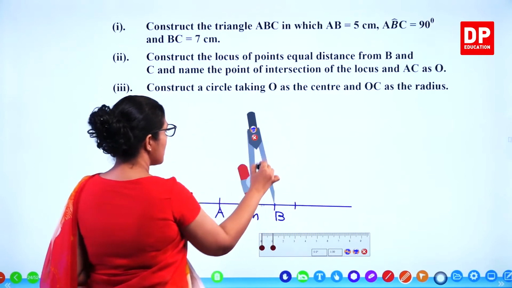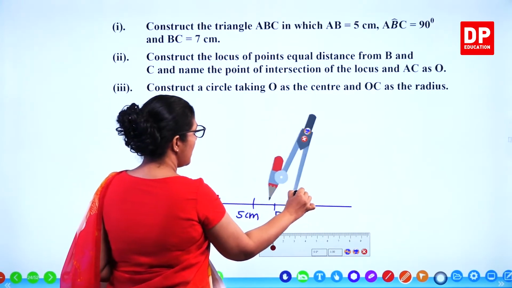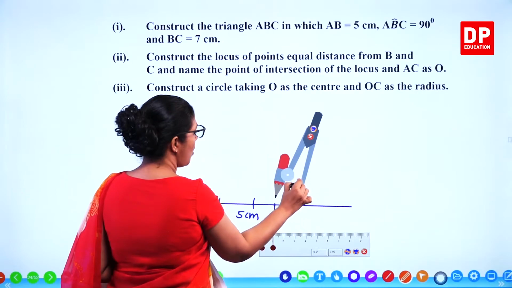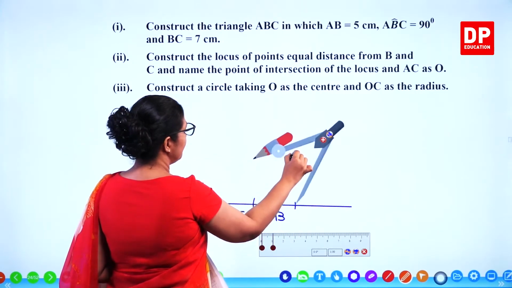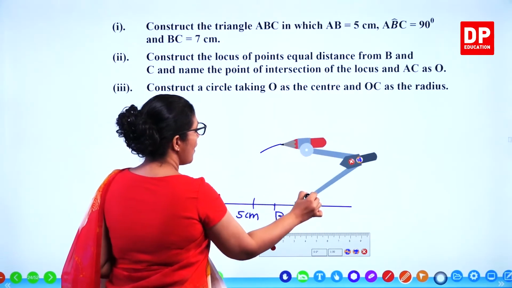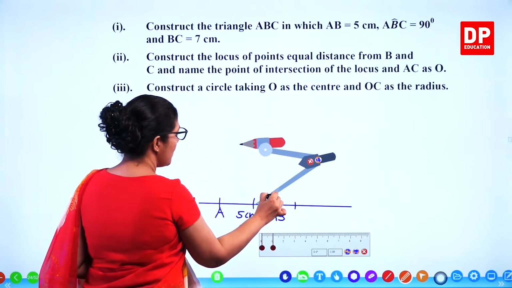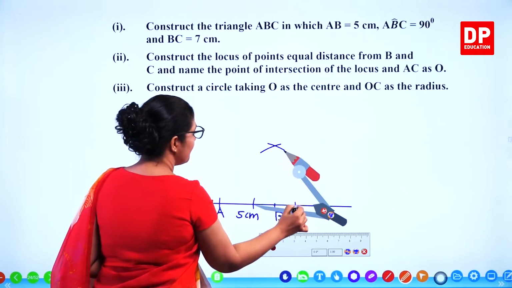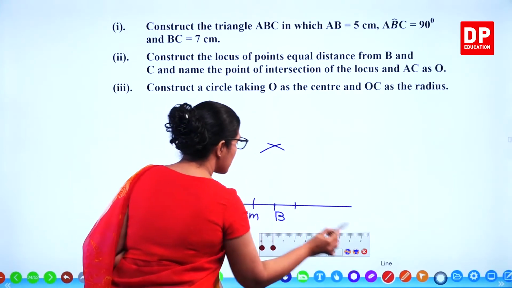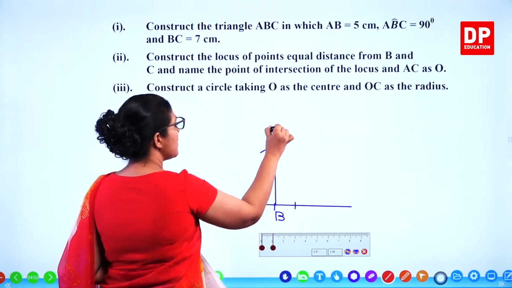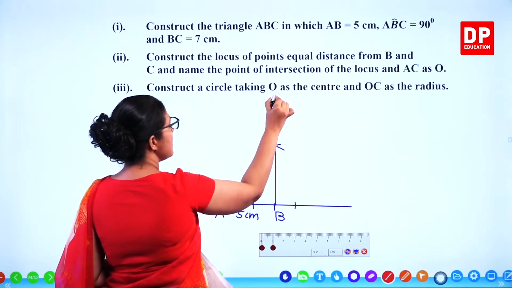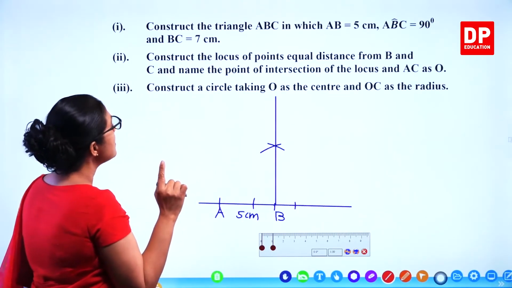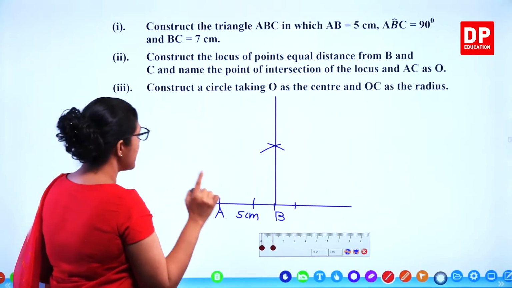Draw an arc to this side, and then take a longer one. Draw an arc above here with this one, and again draw an arc here. Then you can connect this point and this intersecting point. That's 90 degrees, and BC is 7.